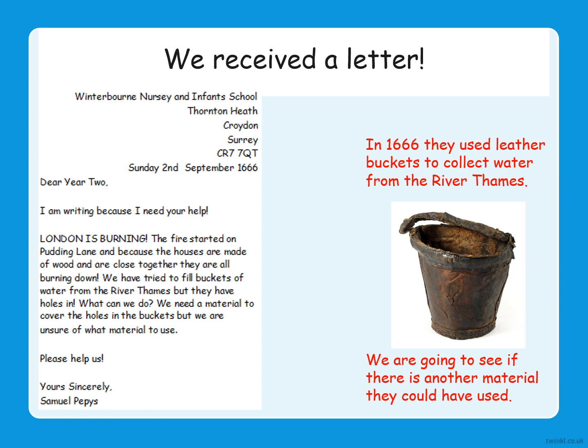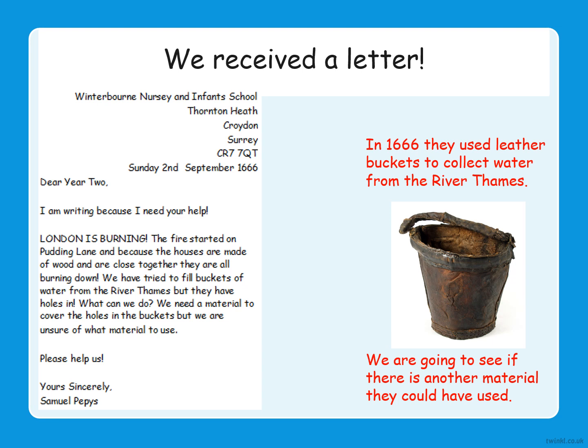So in 1666, they actually used leather buckets to collect water from the River Thames. And on the screen, you can see the picture of the leather buckets that were used. Now, these were not good at all because, as it explained in the letter, even though the bucket didn't have a hole in, the water used to leak through.